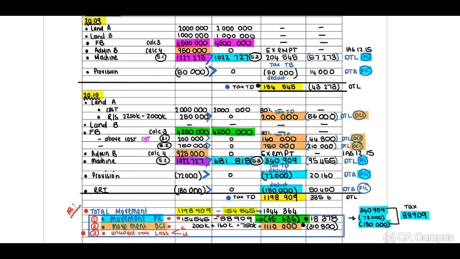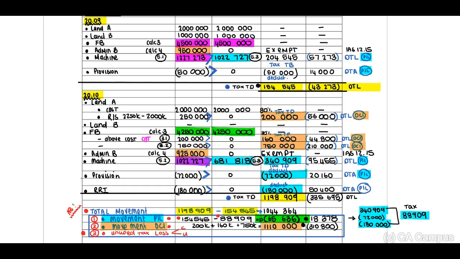So when you look at your journal entry, our deferred tax moved from a deferred tax liability of 43,273 to a deferred tax liability of 335,695.